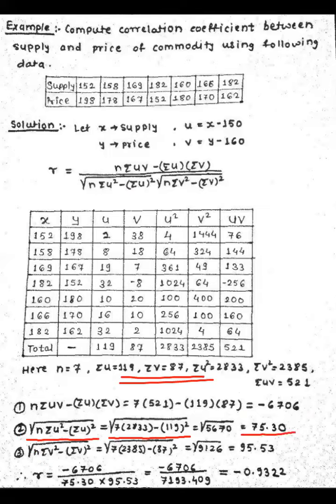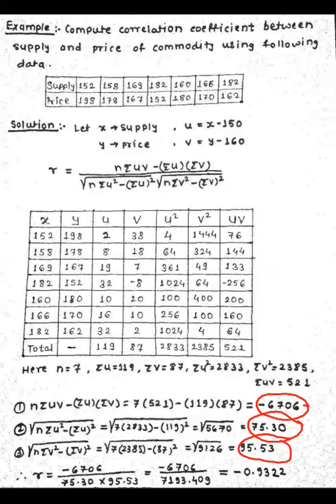Now separately calculate this square root term for u, just putting in the values from this table, and we obtain the value 75.30. Similarly, in the third term, which is in terms of v, just put in the values and get the answer 95.53. So in this way, you can simply calculate the three terms of this r formula.